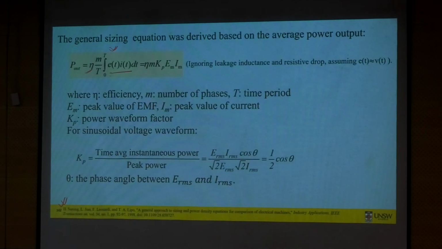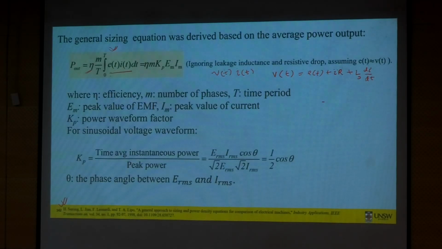In the basic equation that we know from our circuits, it is the terminal voltage, Vt, times It. But here we use the back EMF, E times I. As we know from our last discussion, the terminal phase voltage is back EMF plus current times resistance plus L di/dt, Ls in the case of a synchronous machine.